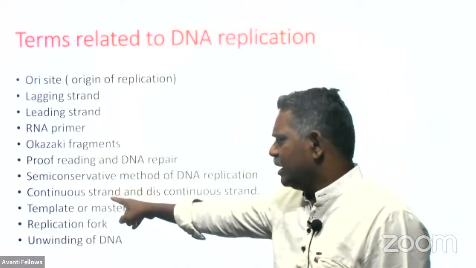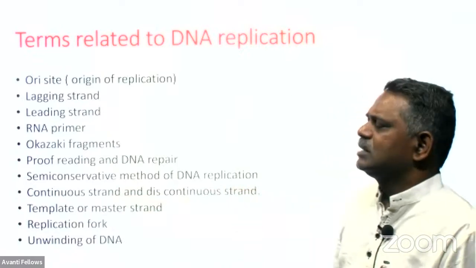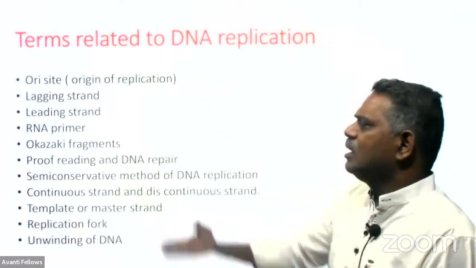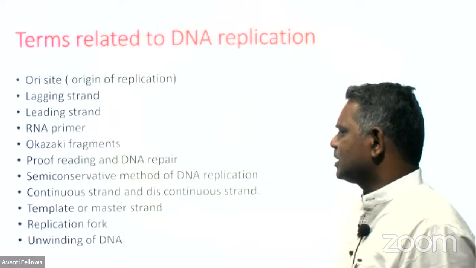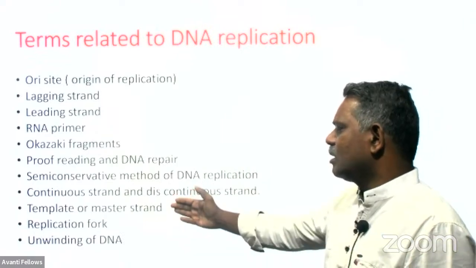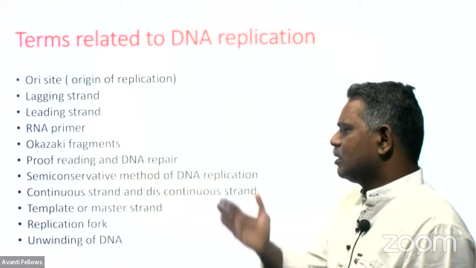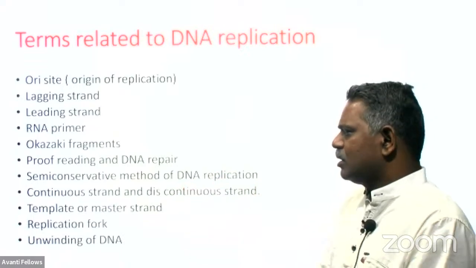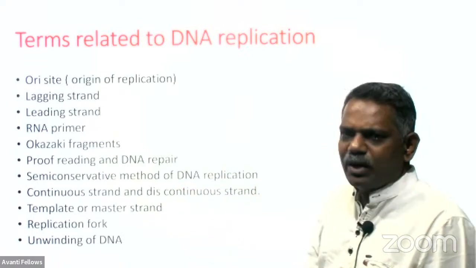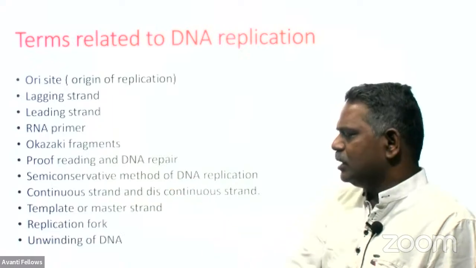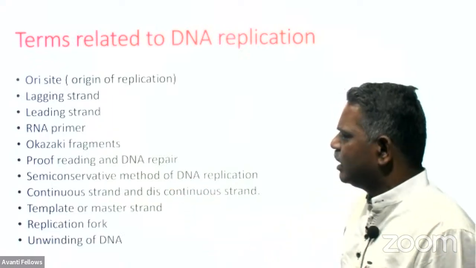One is the continuous strand and the other is the discontinuous strand, which produces the Okazaki fragments. The template or master strand is nothing but the old strand of DNA, giving information regarding the chemical nature of the newly constructed DNA.